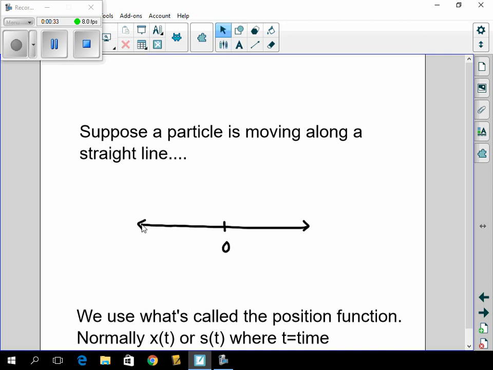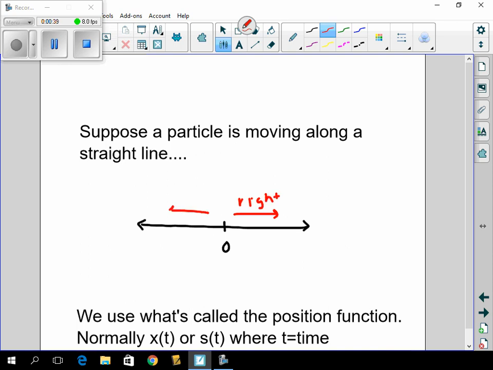My particle moves along the line, and it can go to the right or to the left. Over here the values are -1, -2, -3, and over here they're 1, 2, 3. So it's either moving in the positive direction or moving in the negative direction.